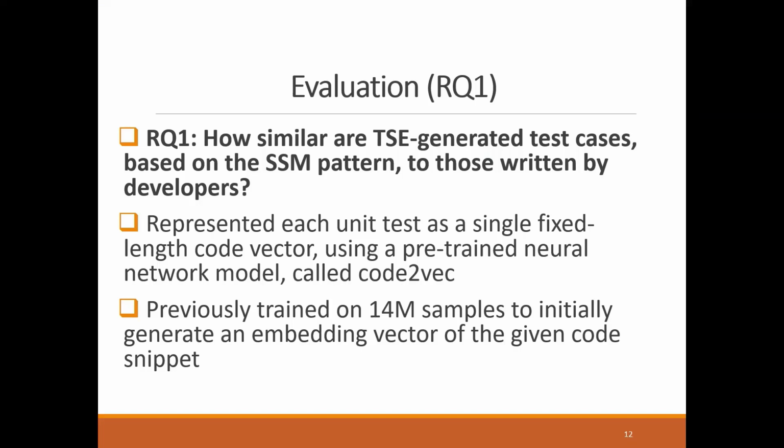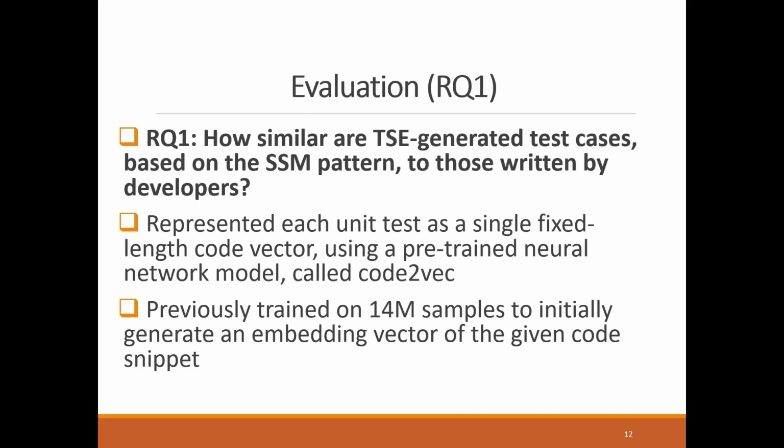We used a state-of-the-art tool, CodeBERT, a pre-trained neural network model, to do this evaluation. What it does is treat the source code as input and generate a fixed length embedded vector.